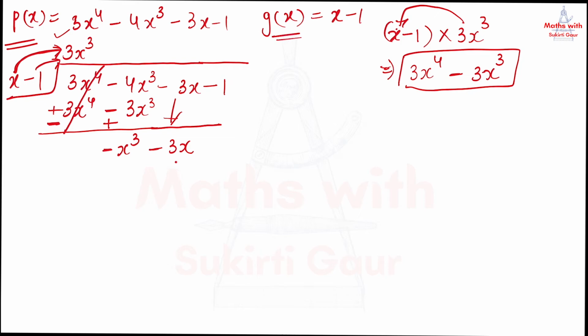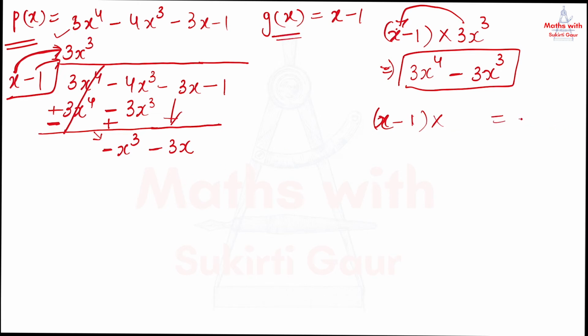Again, now we have this remainder, and this new remainder is going to be our new dividend. So again we are going to focus on the first term first, this minus x cube. How are we going to get that? I am going to multiply x minus 1 again with some term.